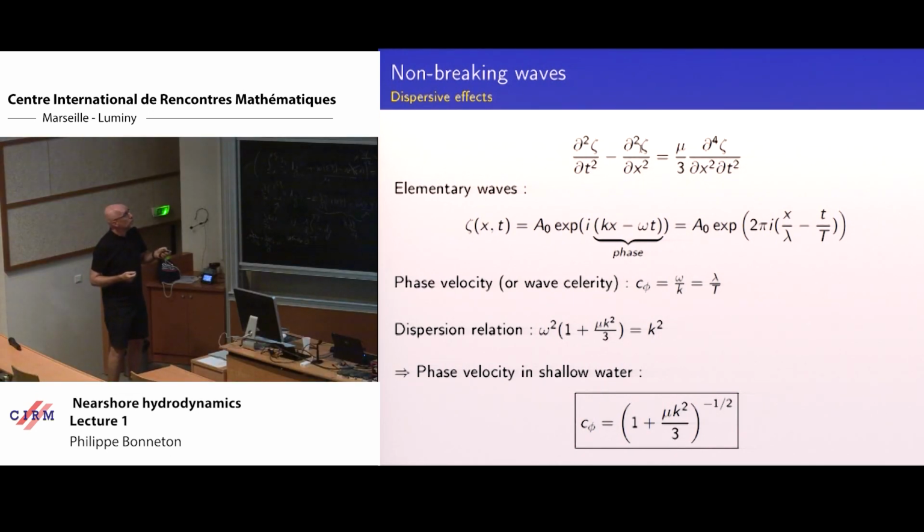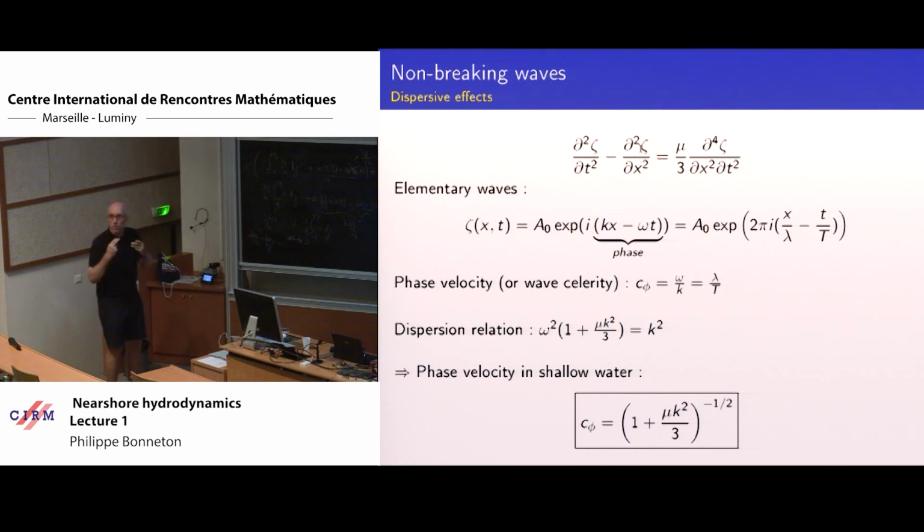So we have a linear problem. The classical approach is to use a Fourier transform, for instance, of the surface elevation, and to decompose the unknown wave with the Fourier decomposition. And you can see here an elementary mode of the Fourier decomposition.